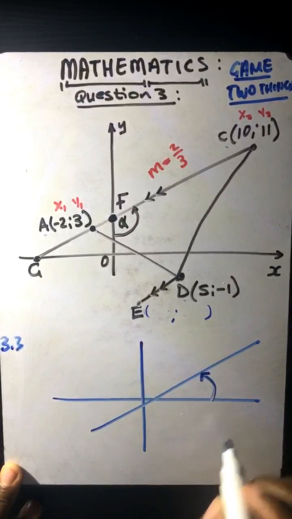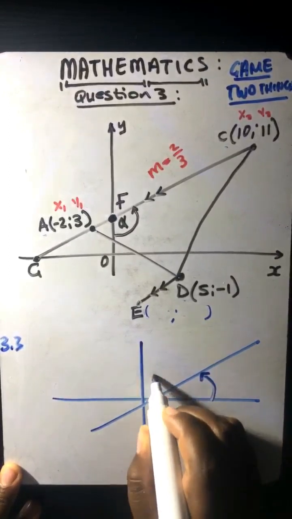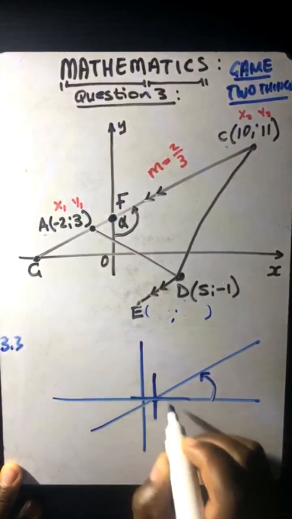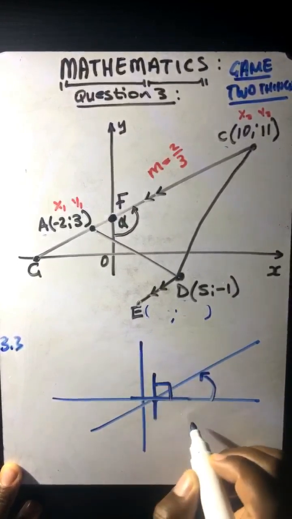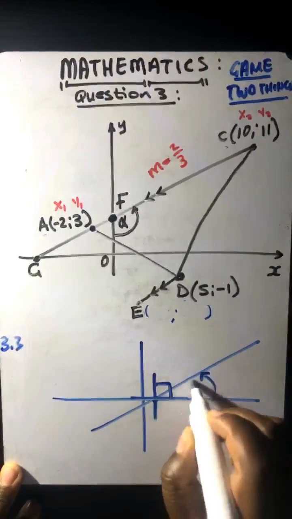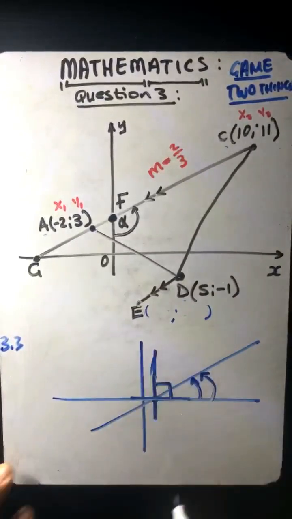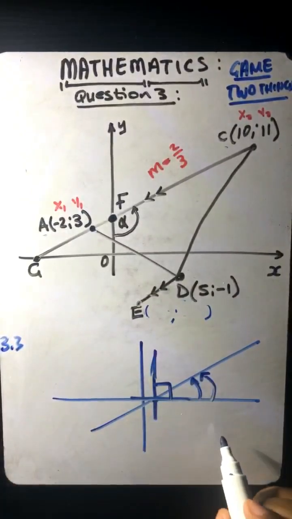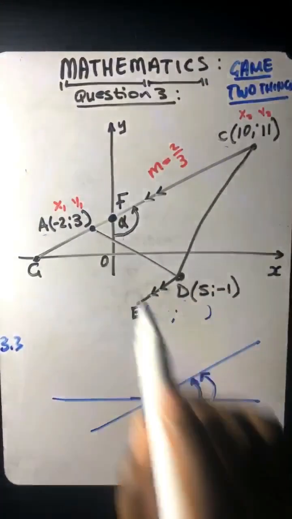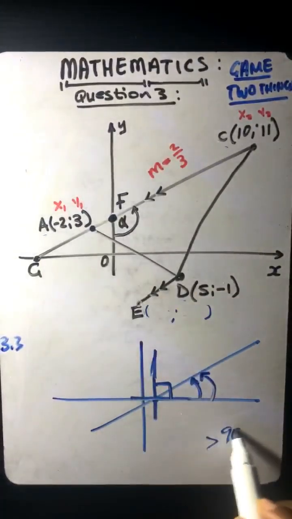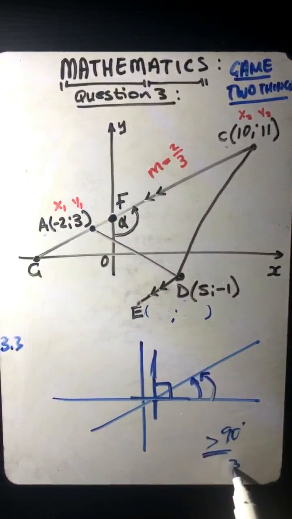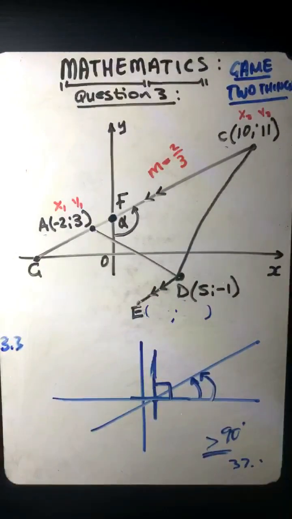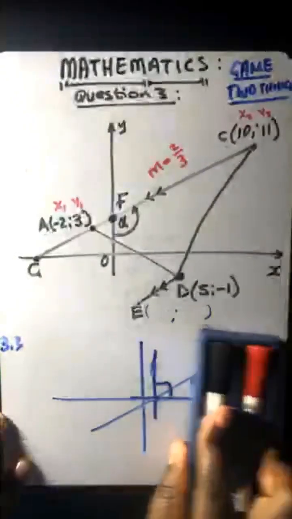If you draw a sefapano there, you realize that you actually have 90 degrees there, but this angle is less than that 90 degrees. That's how you interpret the problem, which means that angle has to be greater than 90 degrees. So the 33 comma something builds up towards an answer.